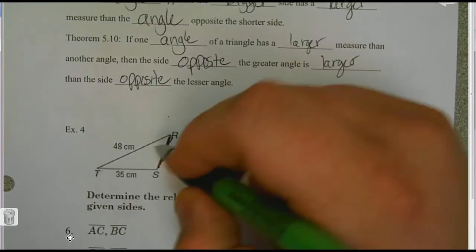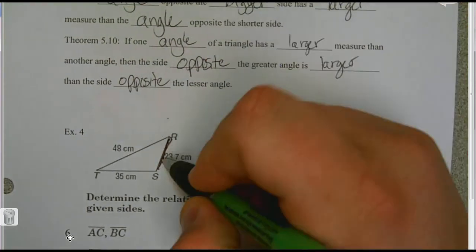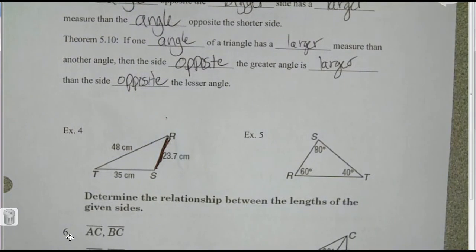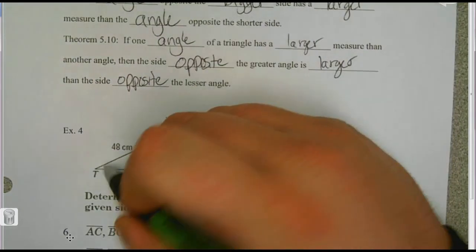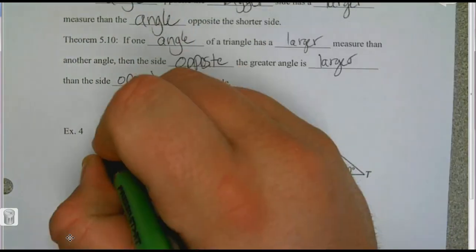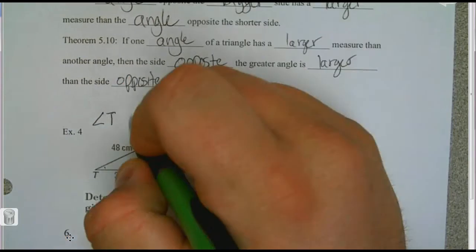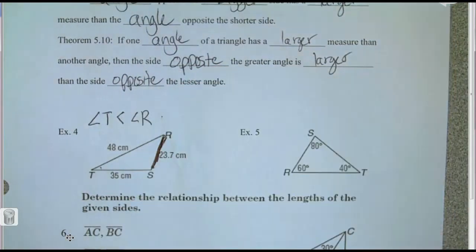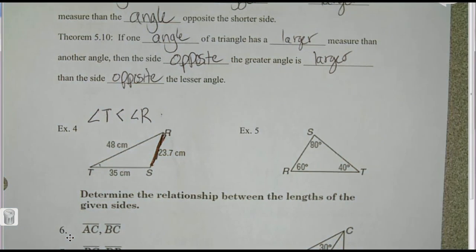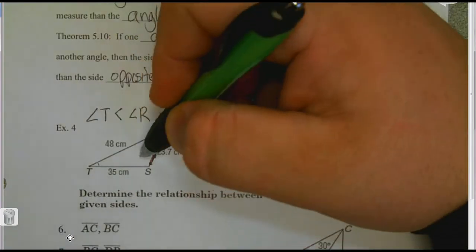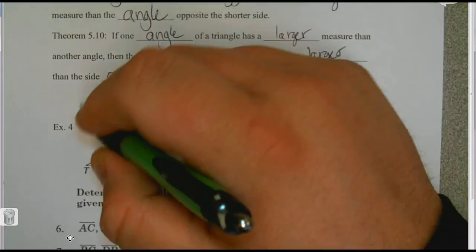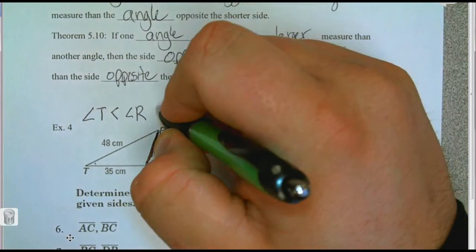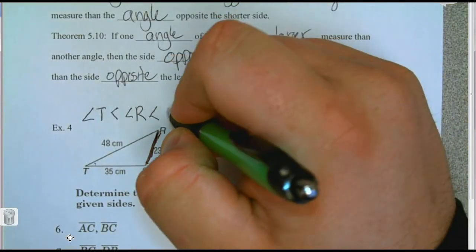What this postulate says is that if RS is the smallest side, then angle T is the smallest angle. So angle T is less than angle R. Now we've already talked about S being obtuse, so S is going to be the biggest angle. So angle T is less than angle R, but angle R is less than angle S.